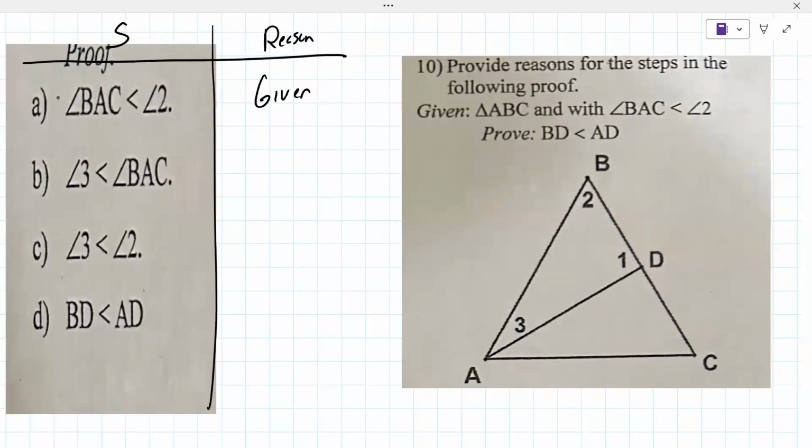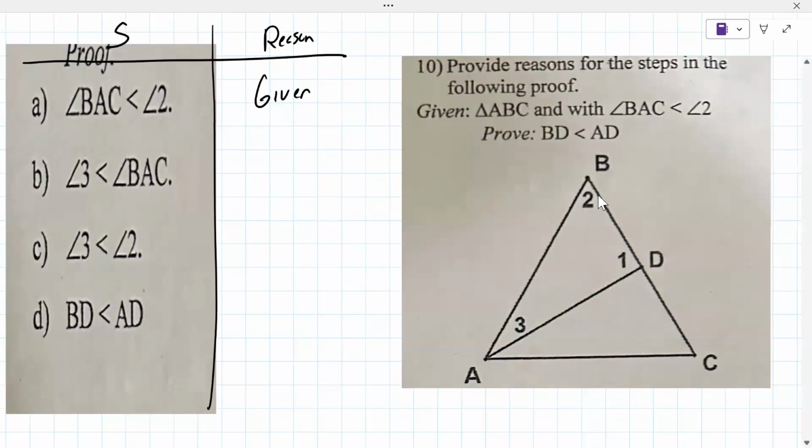You always start there. All right, now next one. Does A lead to 3? Is angle BAC less than angle 2 lead to angle 3 being less than BAC? I actually have no idea. Angle 3 is less than BAC.